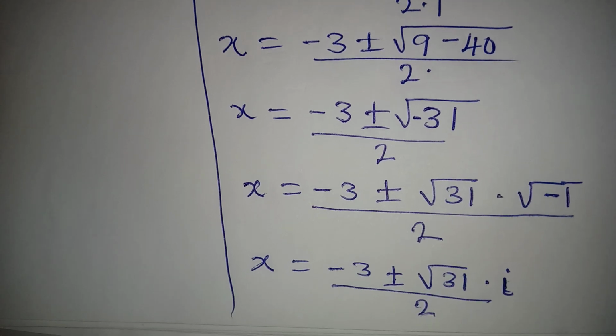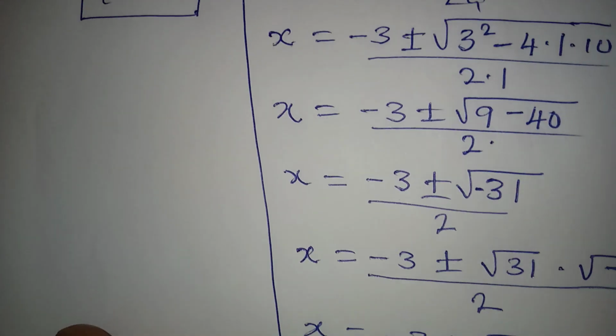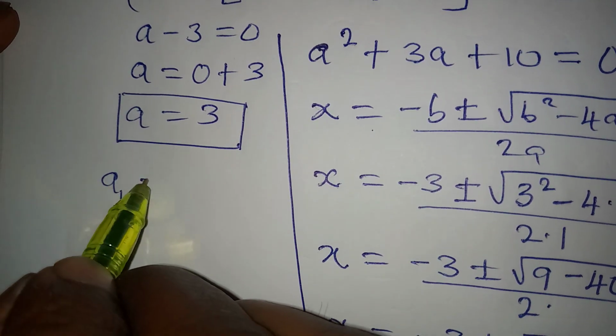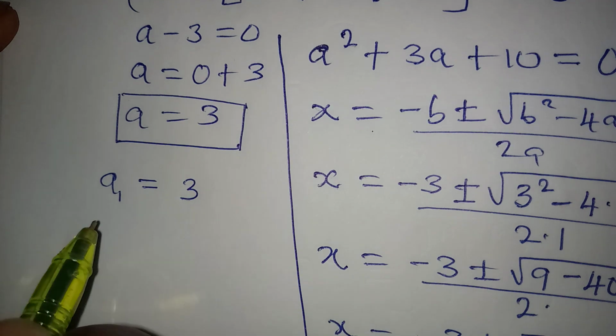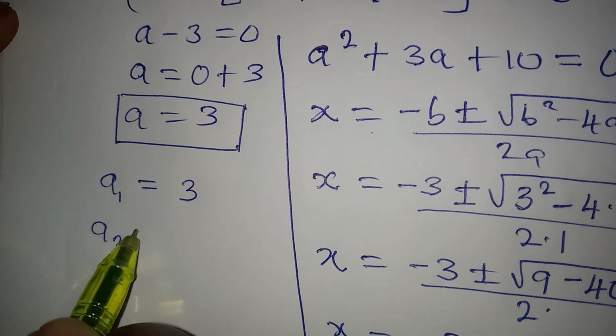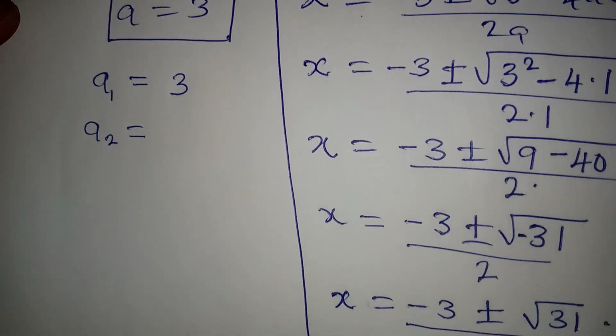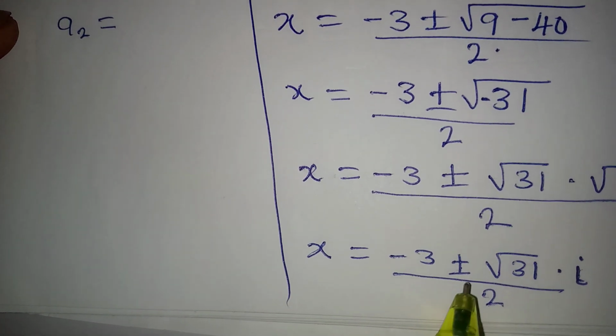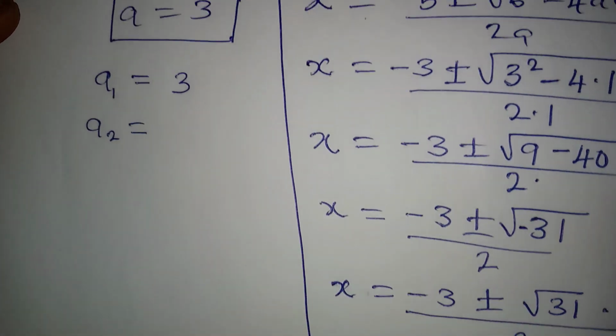Now let's rearrange this. We're going to begin from here. Our first a, which is a1, is equal to 3. Then we're going to have a2, which will be picked from our last solution. Going to pick it from here. We have minus 3 plus square root of 31.